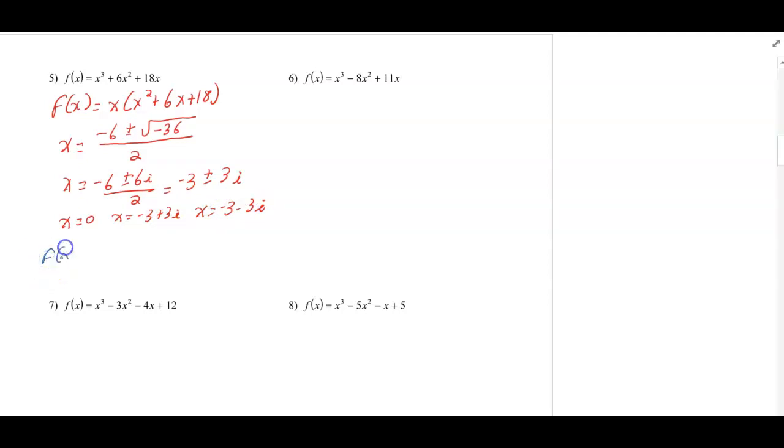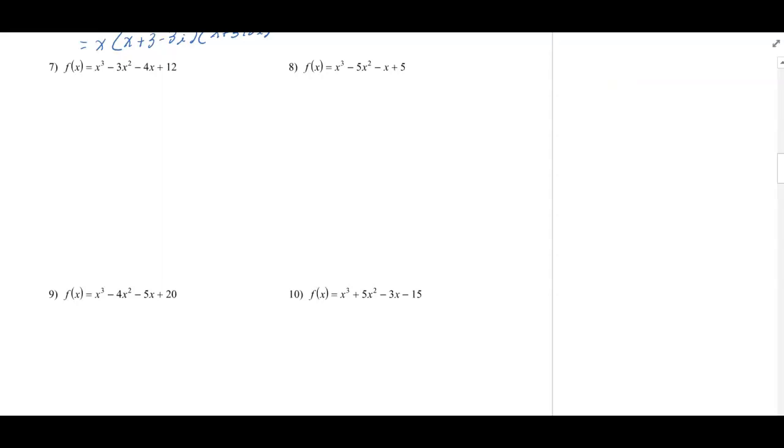In completely factored form, x times x minus the quantity negative 3 plus 3i, and x minus the quantity negative 3 minus 3i. Again, some textbooks and some authors will distribute, so x plus 3 minus 3i, x plus 3 plus 3i is completely factored.